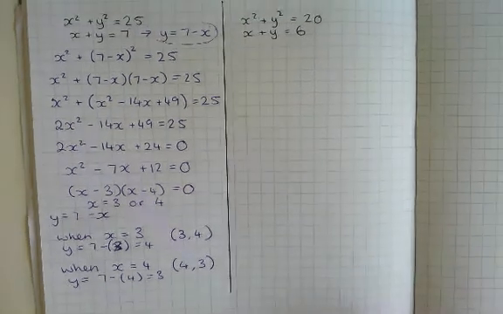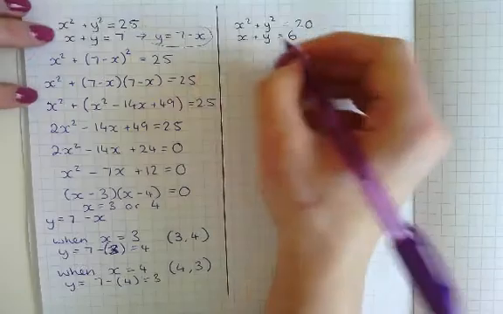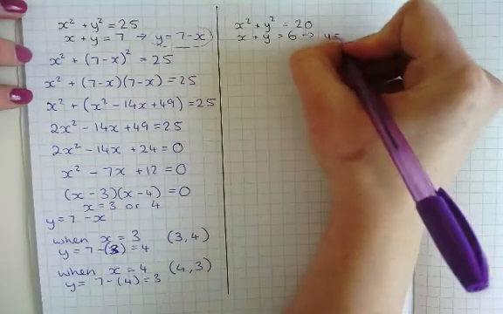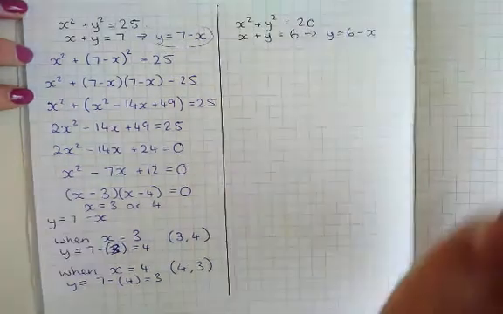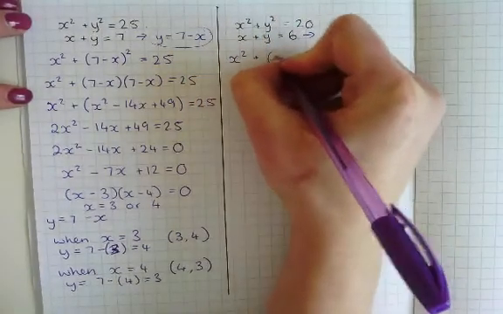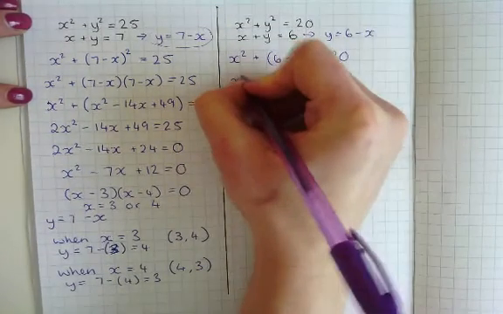Right, will you pause the video and try the your turn question? x squared plus y squared equals 20, x plus y equals 6. I'm going to rearrange like I did before. y equals 6 take away x. Substitute it into the first equation.